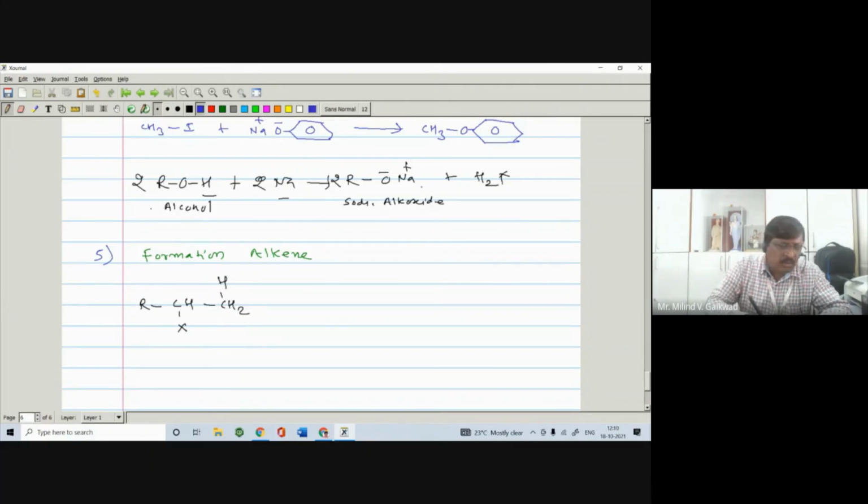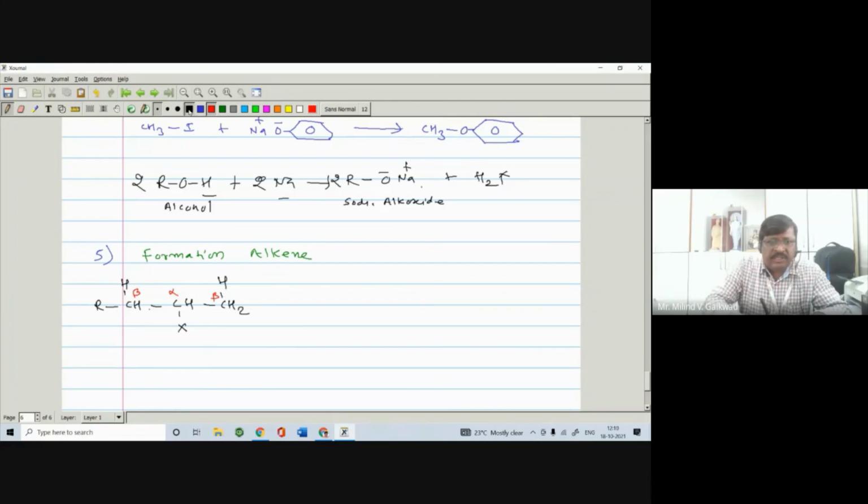Now I can also replace this R by CH3. Suppose I replace this R and here is a CH2, then here is an alpha carbon, here is a beta carbon, and here is also a beta carbon atom.